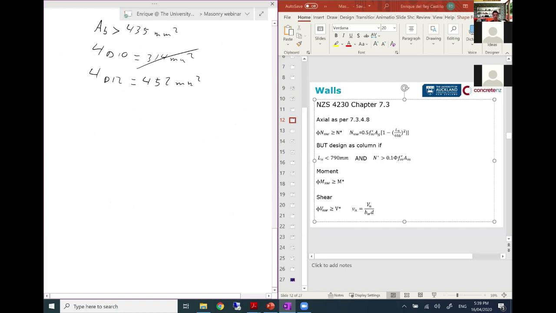Now I'm going to split this in half somehow. I'm going to have my wall in there. And now we do section analysis.